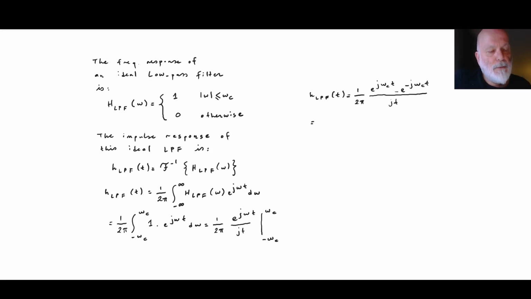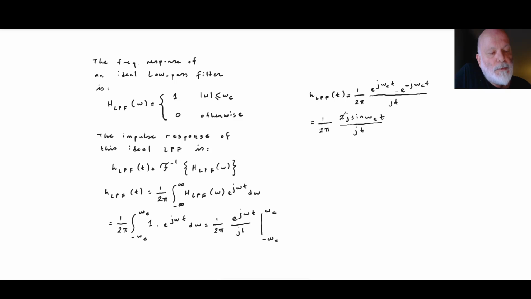Now e to j omega c t minus e to minus j omega c t is equal to 2j sine omega c t, and therefore we divide by jt.